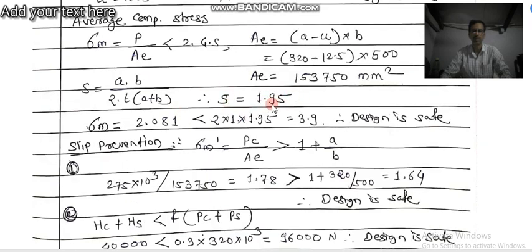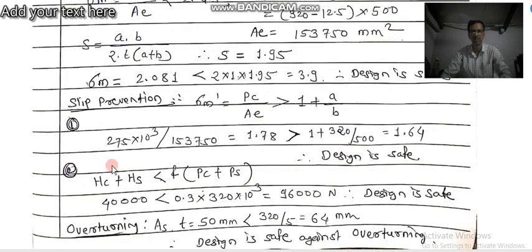New S will be 1.95, sigma m is 2.081. Slip prevention, this condition in the previous size was not satisfied, but in this case, if you choose the new dimensions of the pad, PC by A is 1.78, which is greater than 1 plus A by B, 1.64. Therefore this design is safe.